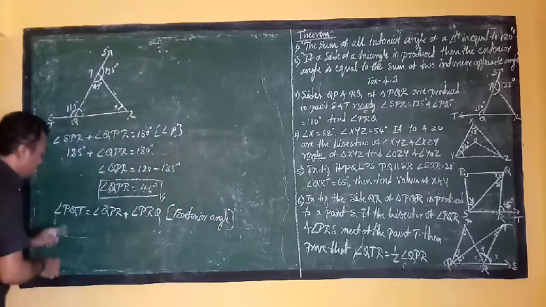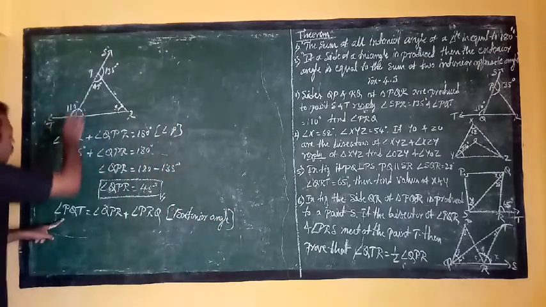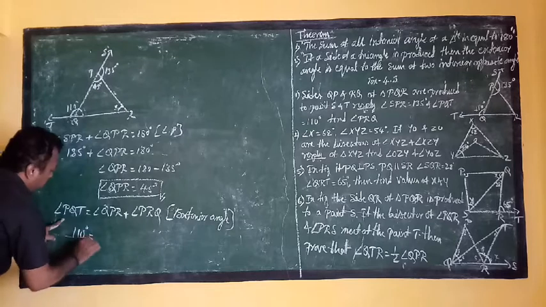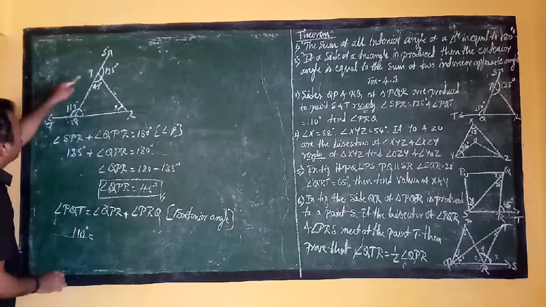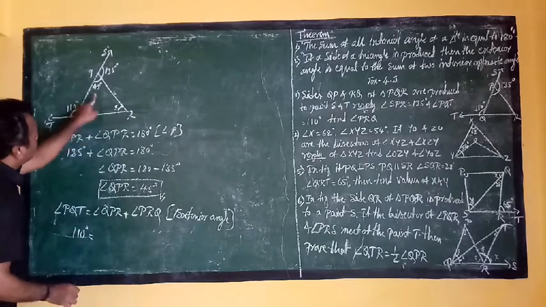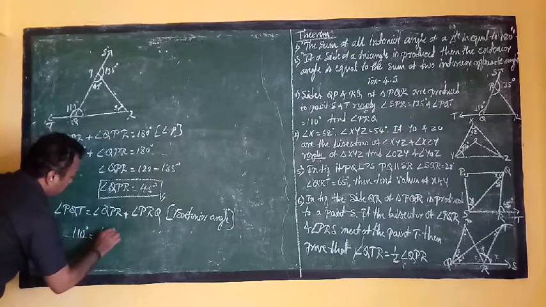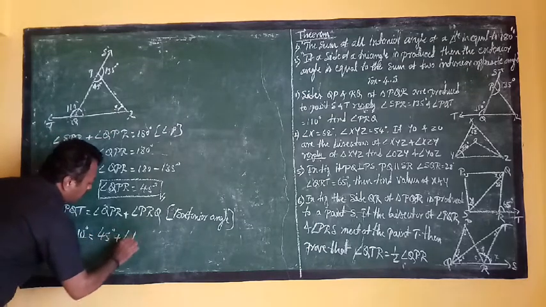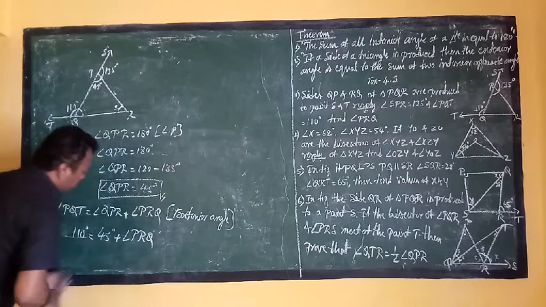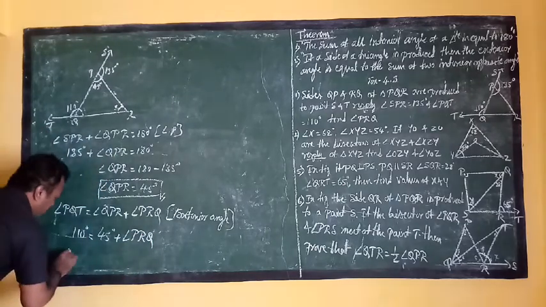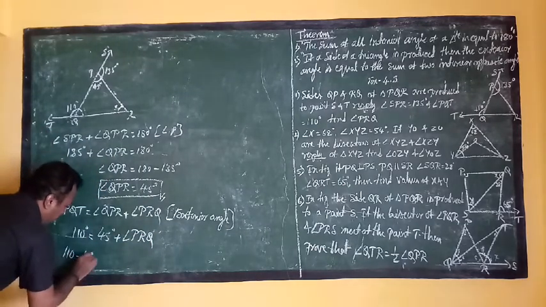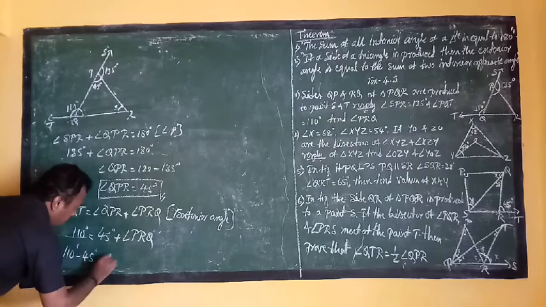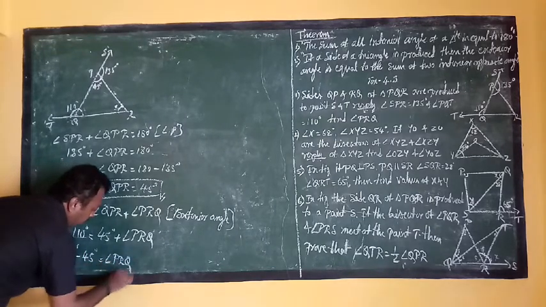Okay. Now PQT how much? PQT is 110 degree. It is equal to QPR, how much degree? 45 degree, plus angle PRQ we want to calculate. So 110 minus 45 is equal to angle PRQ.